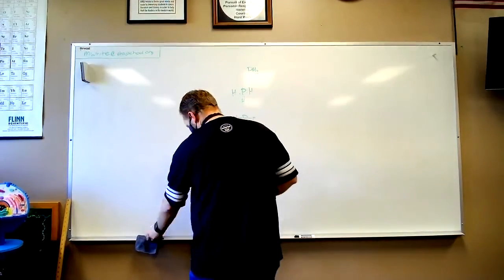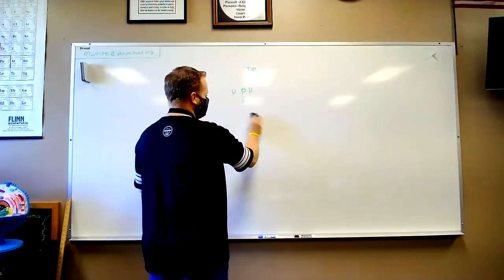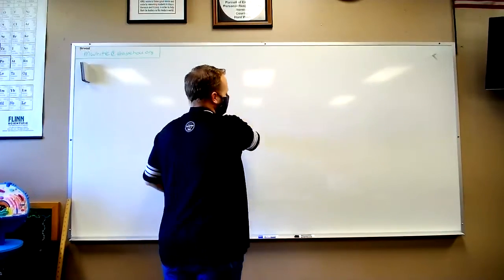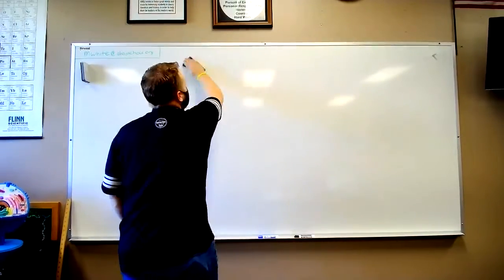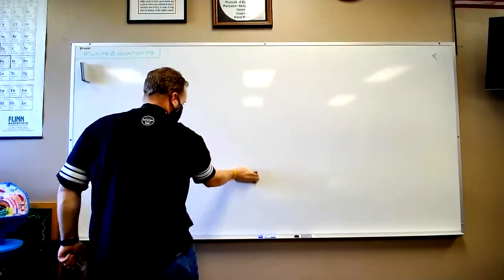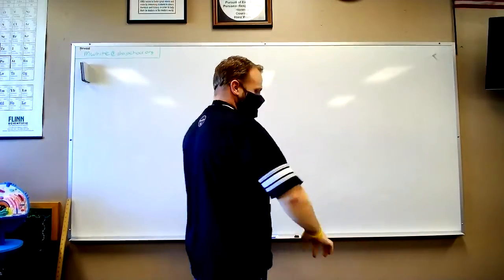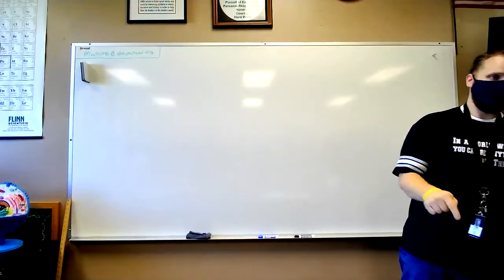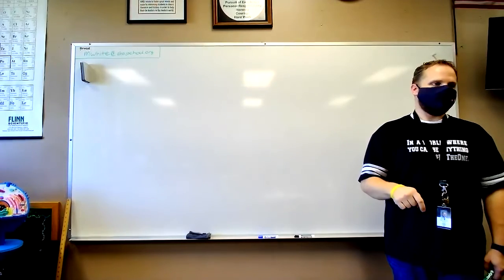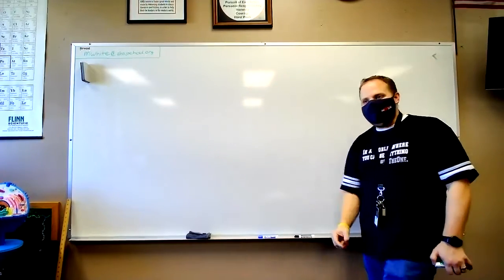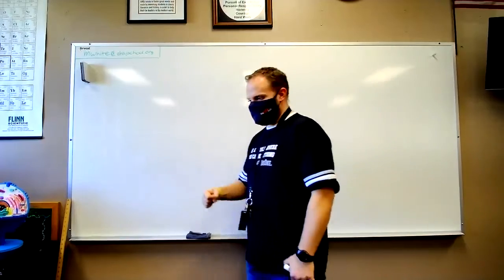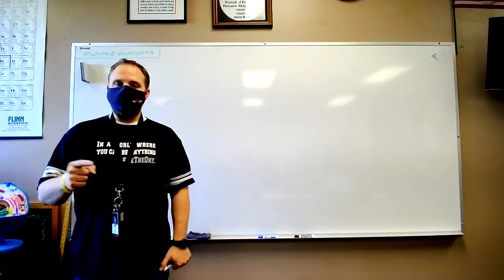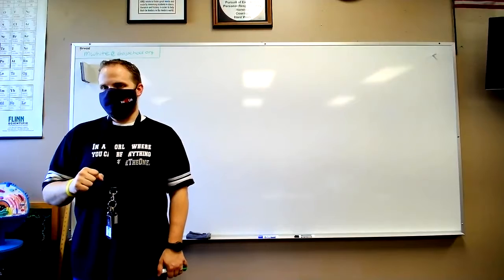Resonance structures. Resonance structures are Lewis structures. Now, when you hear the word resonance in chemistry, you automatically know we're dealing with double bonds. Okay? If any sort of question says resonance, you better have a double bond in there somewhere.